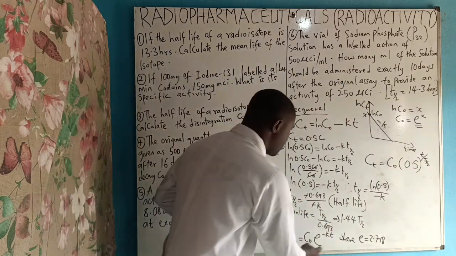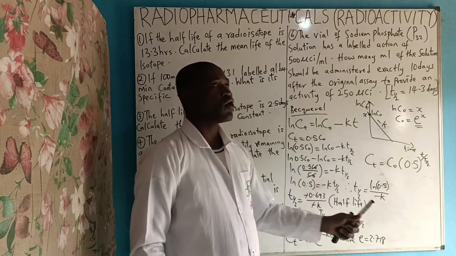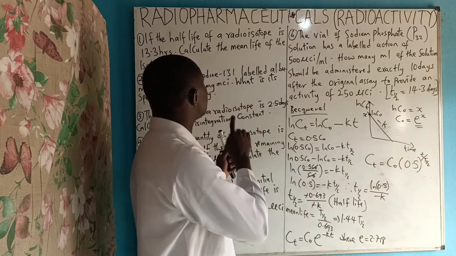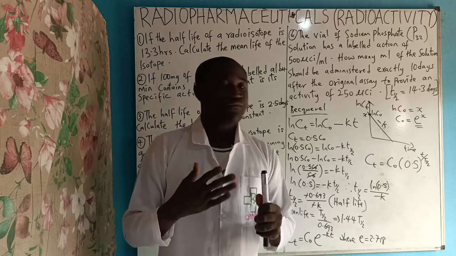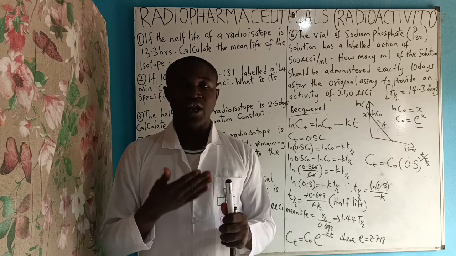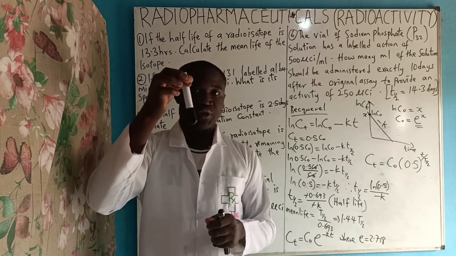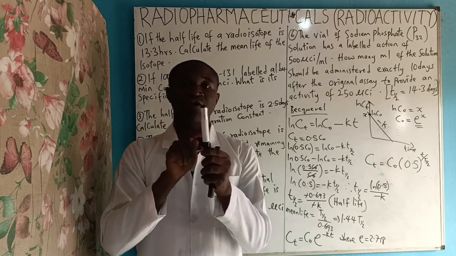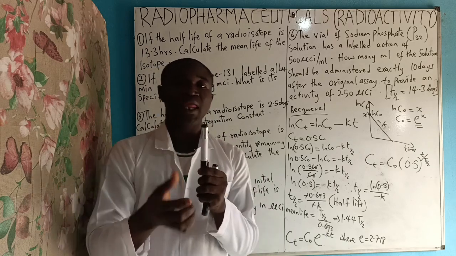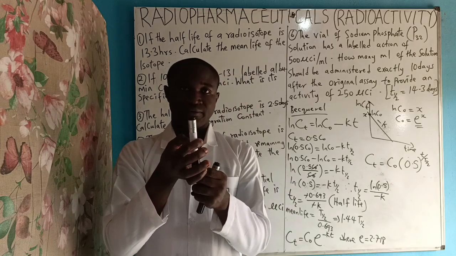What do these two formulas mean? If you are asked to get the concentration or amount of a particular radiopharmaceutical which remains at a particular time, remember, the half-life simply means that if the half-life of this is 10 days, when it gets to 10 days, half of it will decay, half will remain.